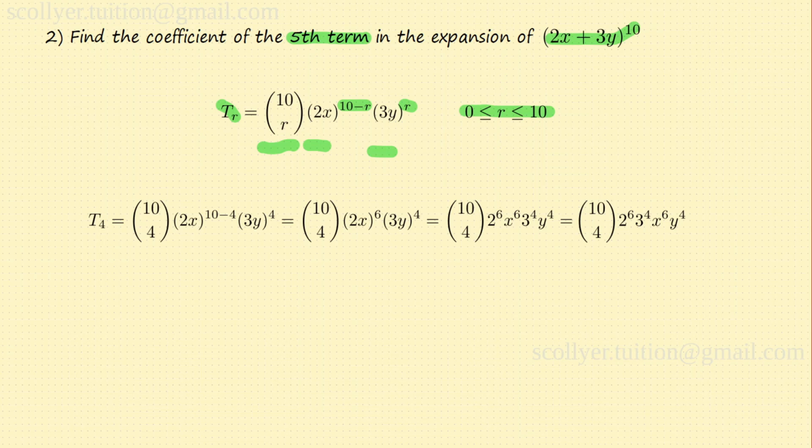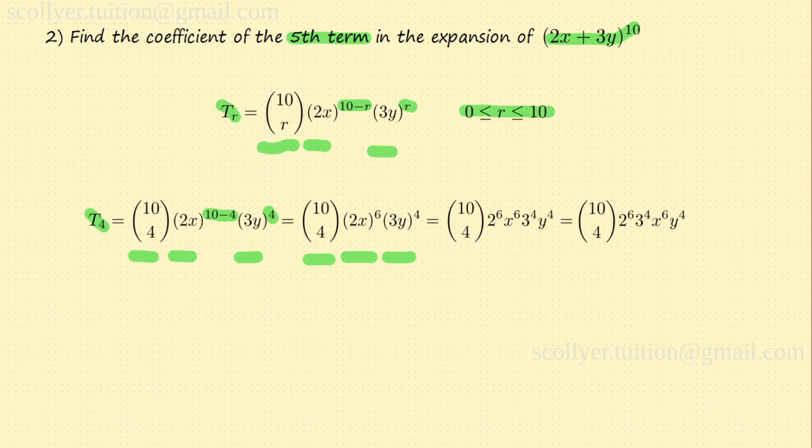So the 5th term of the expansion is t sub 4, the first being t sub 0, and t sub 4 is 10 choose 4 times 2x to the 10 minus 4 times 3y to the 4, which simplifies to 10 choose 4, 2x to the 6, 3y to the 4.